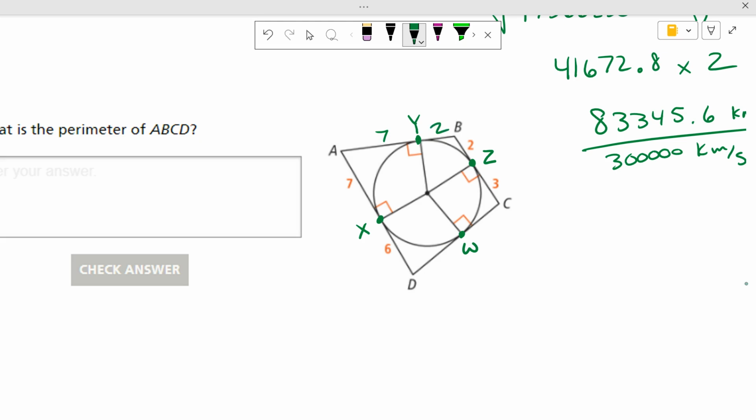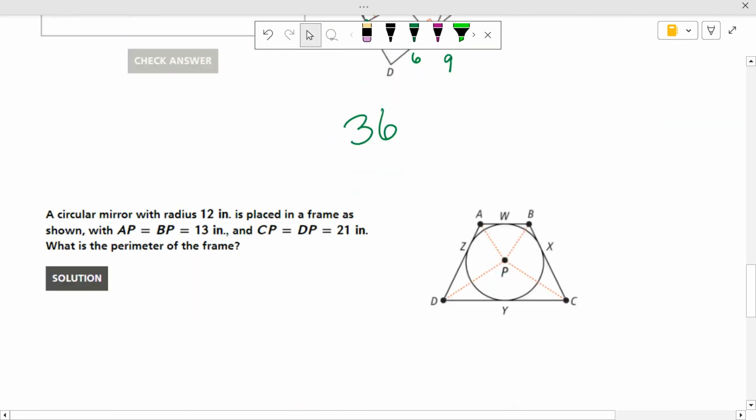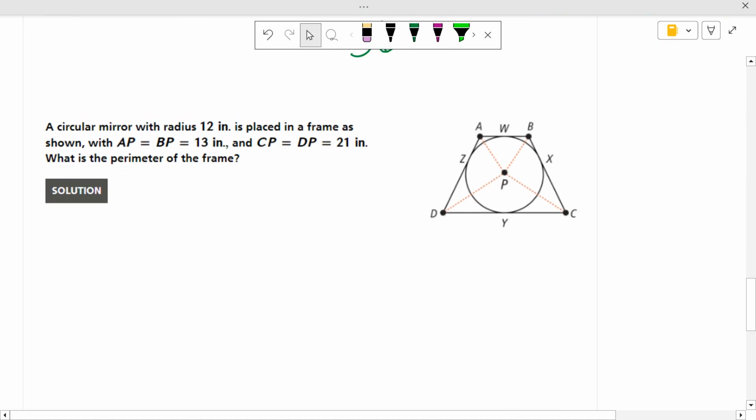If CZ is 3, CW is? And DW is? So this side is 9. This side is 13. This side is 9. And this side is 5. So if we add all these up, the perimeter of that object is 36.